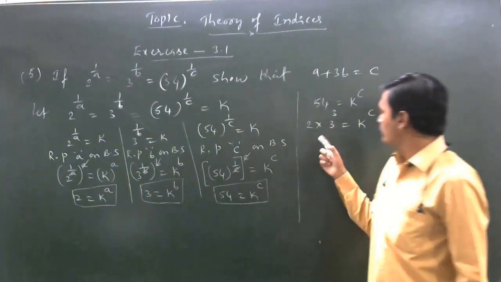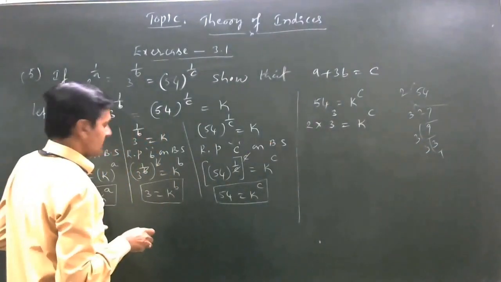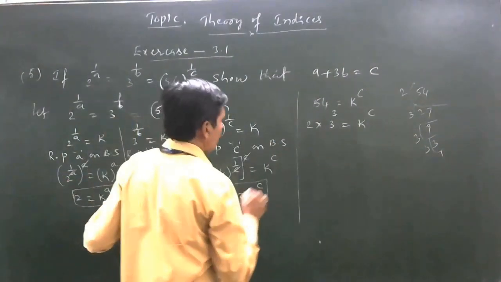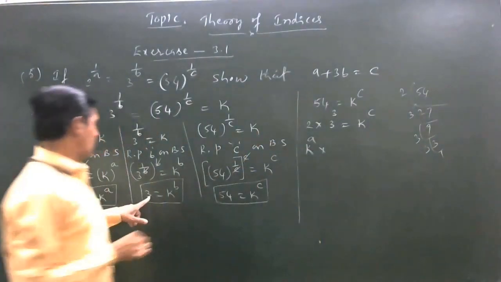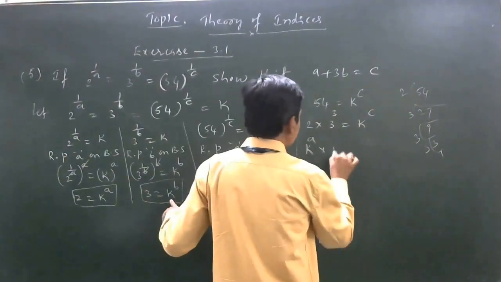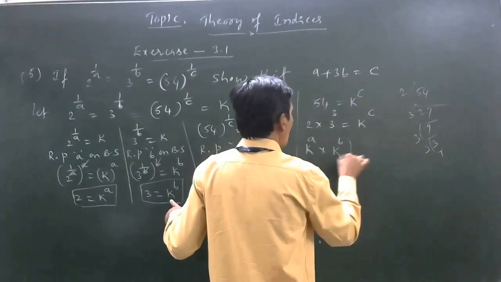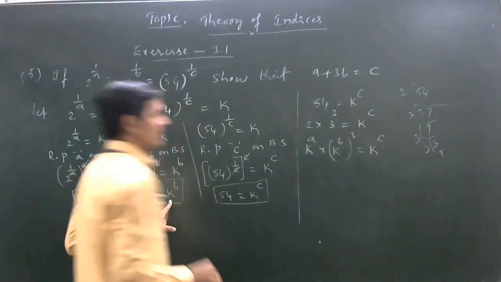So k power a into k power b whole to the power of 3 is equal to k power c.